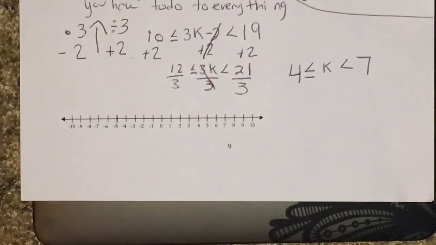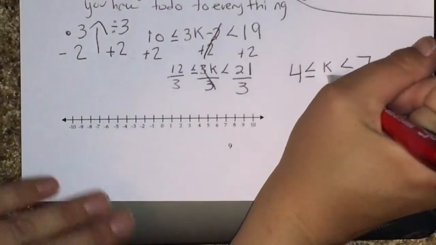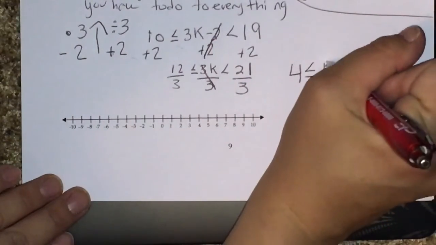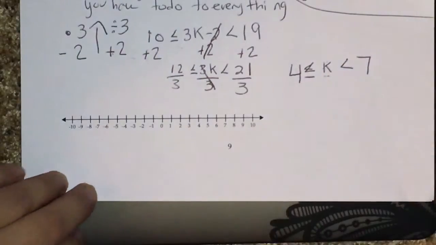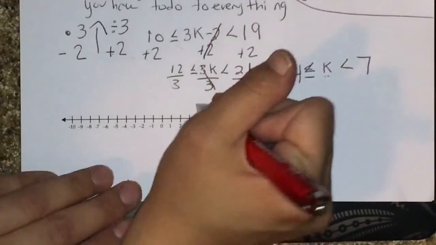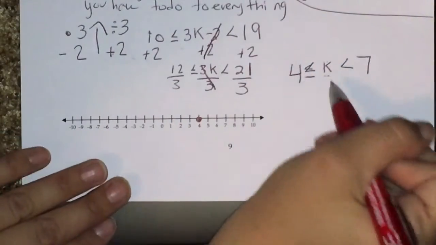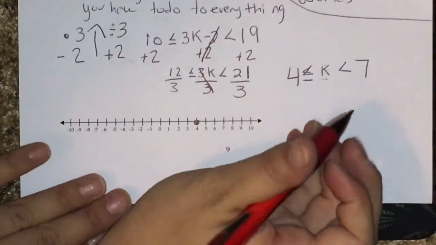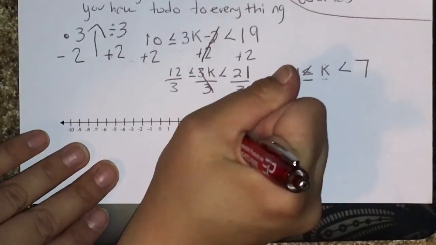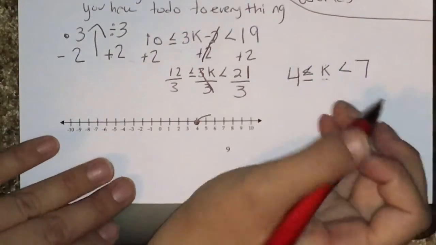So when I graph this, remember, you read the variable first. K is greater than or equal to 4, so we're going to start with that. So we're going to go to 4. We're going to do a solid dot because my K can equal 4. And we're going to start going to the right because it's greater than.